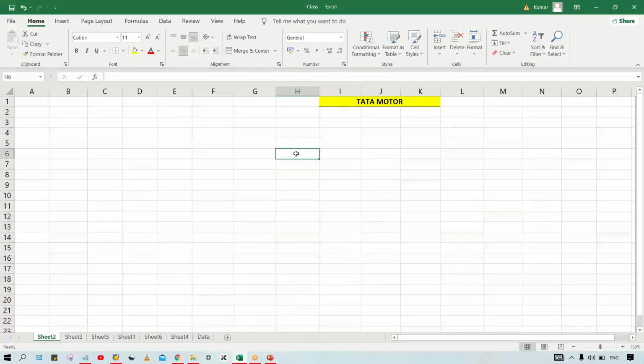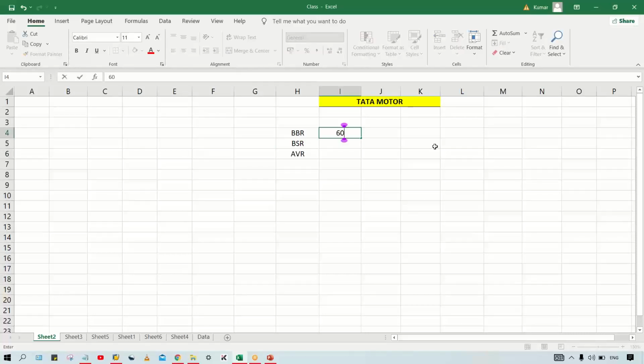Here, once again, I'll specify bank buying rate, bank selling rate, 60, 64, and 62. In which case will bank buying rate be there, guys? Tell me.